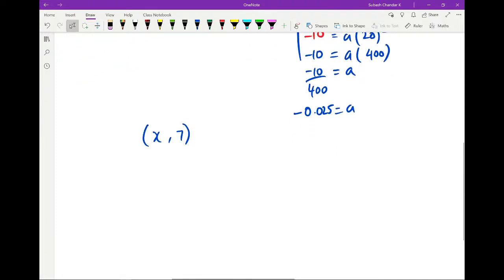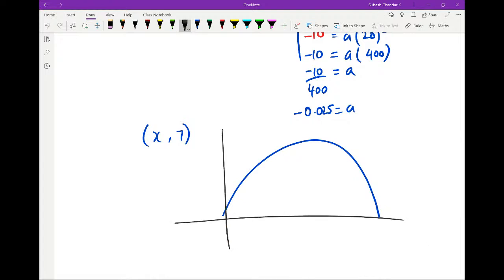If you think about it, the rocket goes like this. That's 7 meters there, so that's one time, and then there's a second time, which is there. So there are actually 2 points where it's going to equal 7.